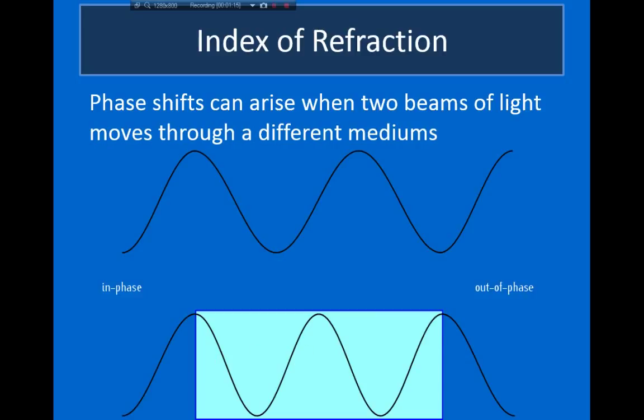And as a result, when this wave on the bottom of the screen leaves this material, it is now going to be out of phase with the wave that was on the top. So we can actually have phase differences arise between two waves when one wave moves through a material that changes its wavelength and the other does not move through that material.